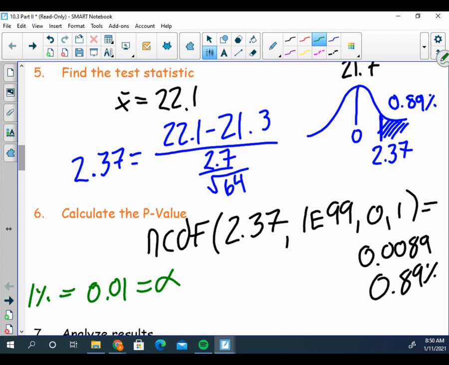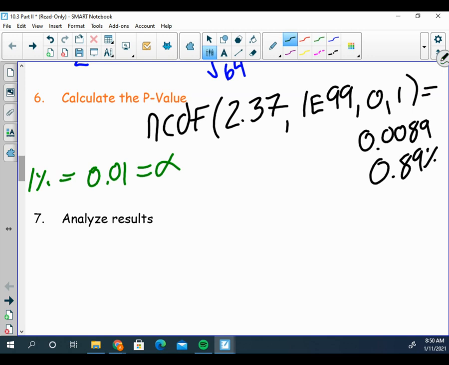Yes, absolutely, right? My cutoff point is somewhere to the left of it because my cutoff point is 1% of my data. But if only 0.89% of my data is to the right of my value, then I have to be in the 1%. So in this case, we will reject the null.